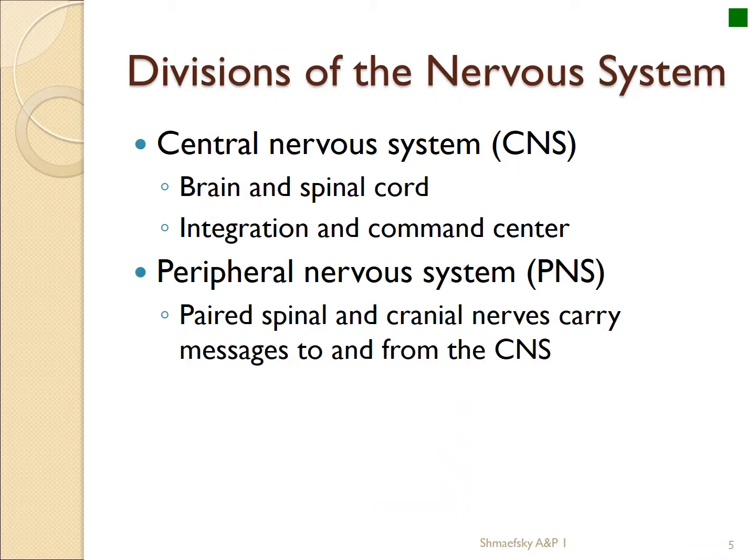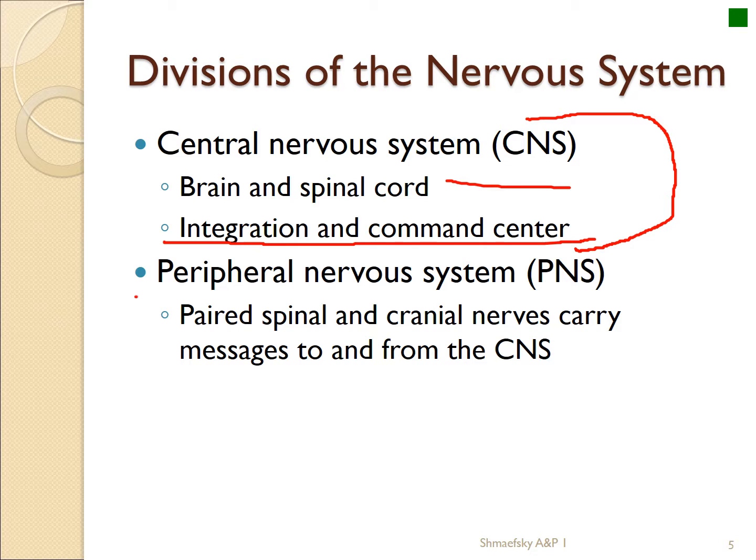So as discussed a little earlier, we can see that anatomically we can divide the nervous system into the central nervous system, which is the brain and the spinal cord, and also some regions that we're going to call the integration and command center areas, because we can actually see these anatomically as we look into the central nervous system.